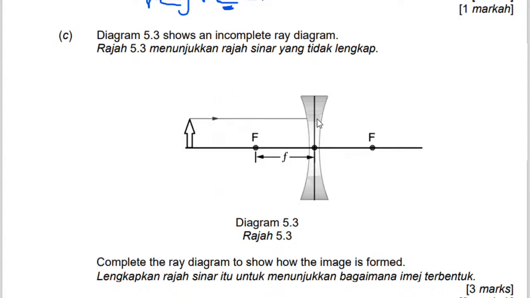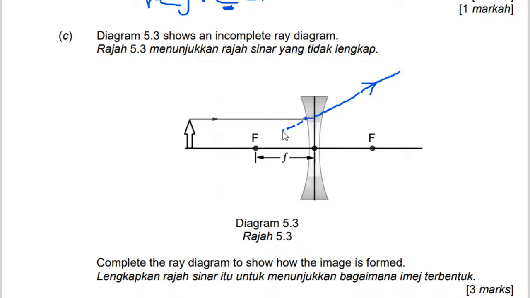So this is a concave lens. Usually I like to extend directly. From here, extend, and then here it will be diverging like that, as if they come from the focal point. So use a dotted line because this is "as if".